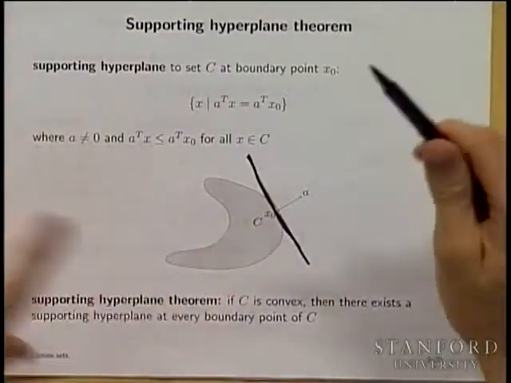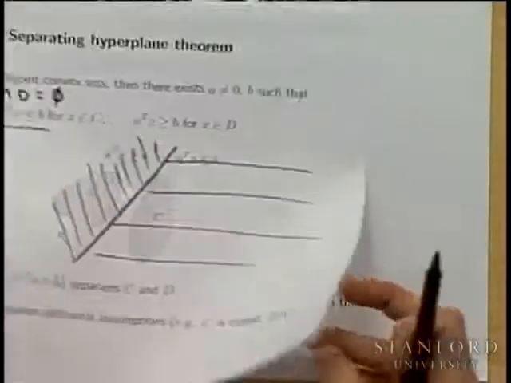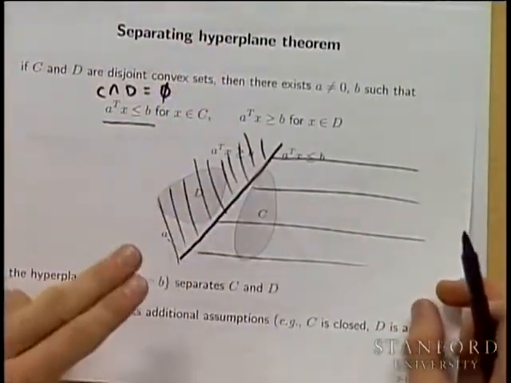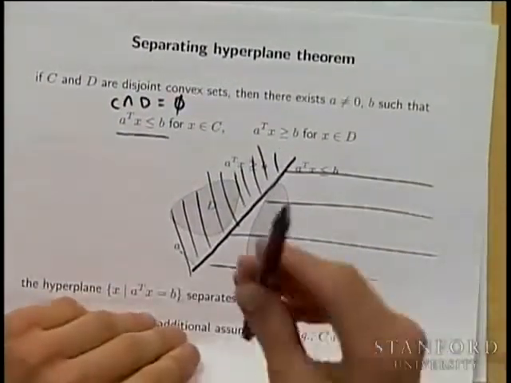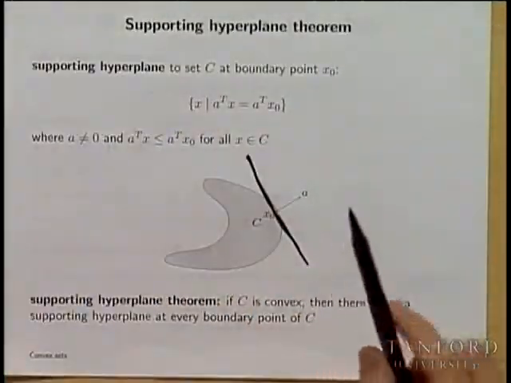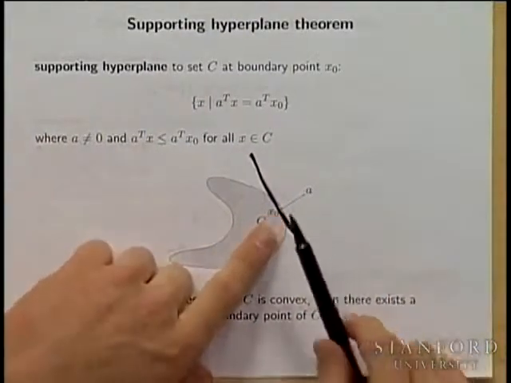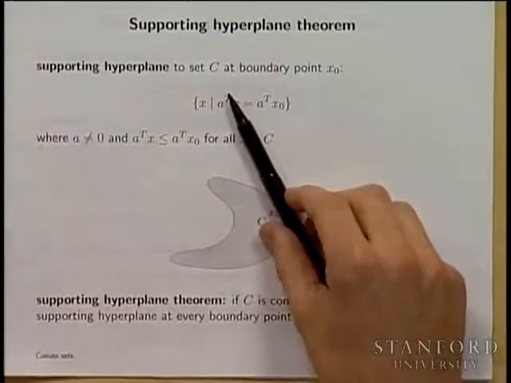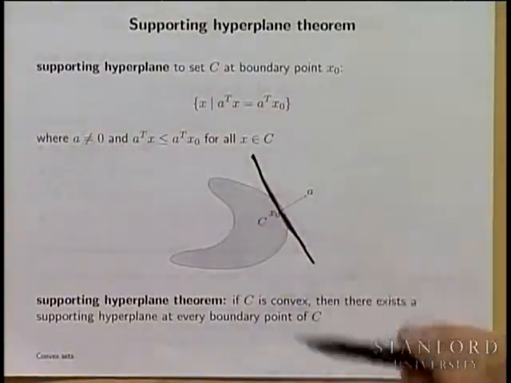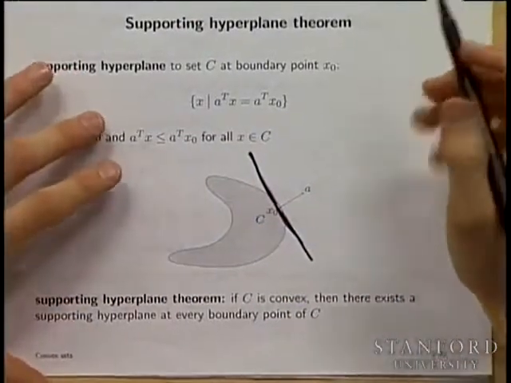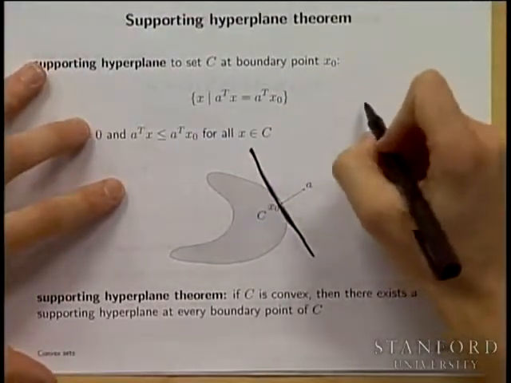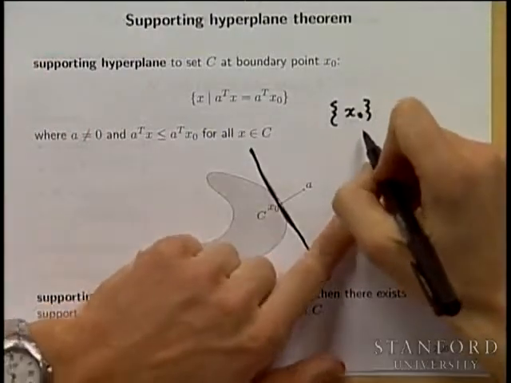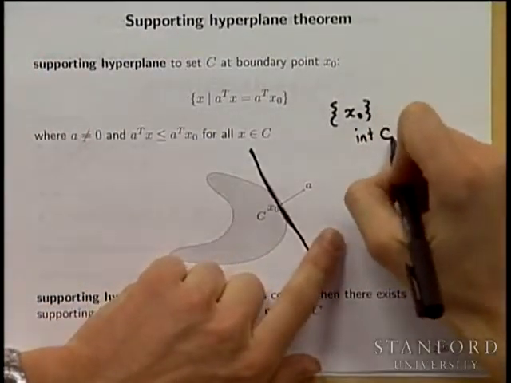Okay. Now let's try and connect these two new ideas together. So we have a separating hyperplane theorem which says if we have two sets and they're disjoint, we can find a hyperplane that separates them, and one which says that if we have a convex set and a boundary point, we can find a supporting hyperplane. Now we can actually use the separating hyperplane theorem to prove this one, just a moment. And so we can actually say, we'll form a set x0, okay? And we'll also form a set interior of C, okay?